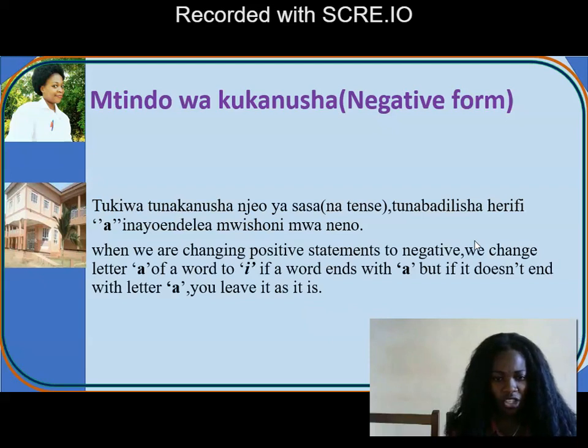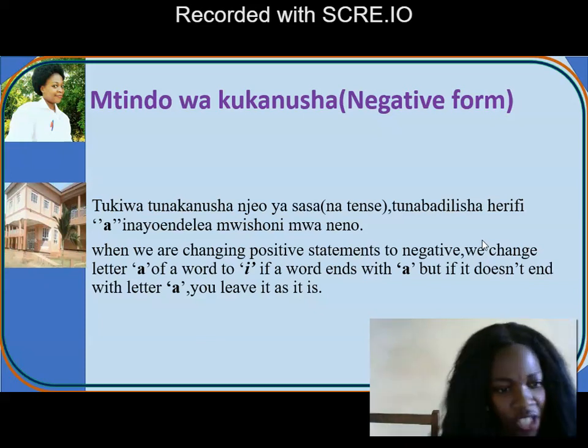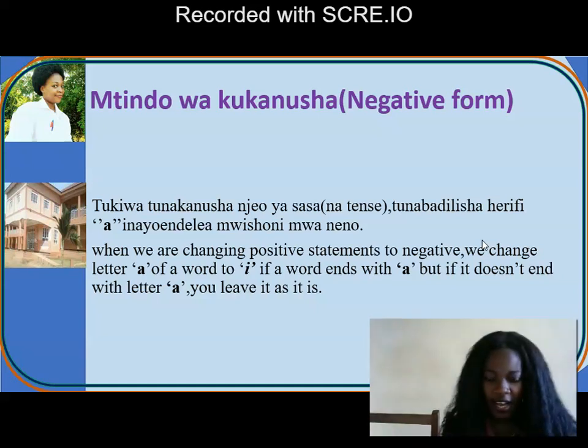When we are changing positive statements to negative statements, we change the letter A of a word to I, only if a word ends with the letter A. But if it doesn't end with letter A, you leave it as it is.